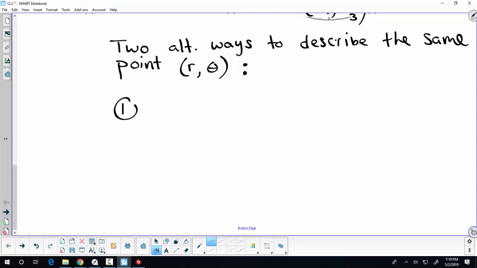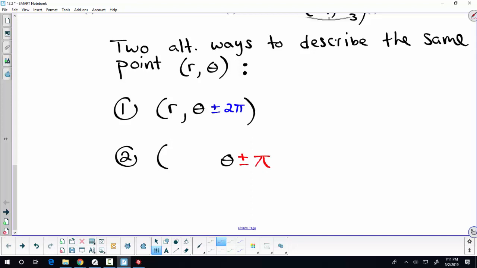One is to take r and add plus or minus 2 pi to theta. That gives us other points. It's the same point, rather a different representation. The other way is, start with theta. If we take theta and we add or subtract pi to that, then we simply negate r.